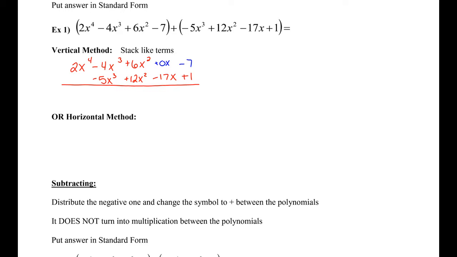Then I'm going to add them together. So I get 2x to the 4th minus 9x cubed plus 18x squared minus 17x minus 6.